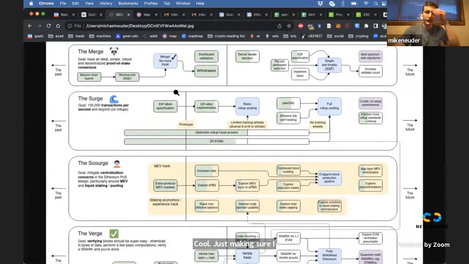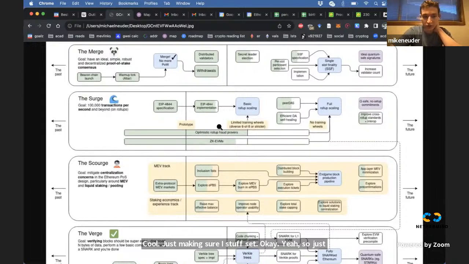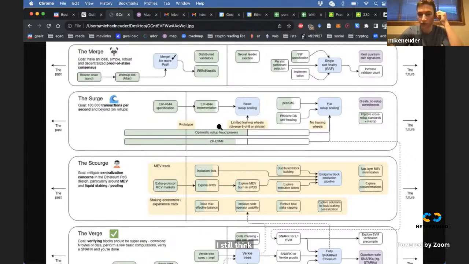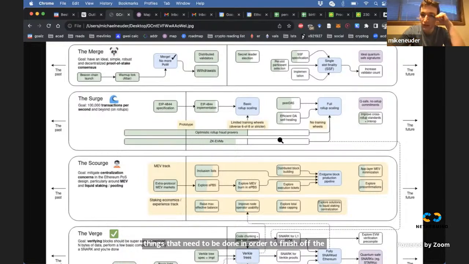Okay. Yeah, so just going down the list. I still think for the merge, there are a few really important things that need to be done in order to finish off the proof of stake mechanism. And the end-all be-all goal here is single slot finality, right? There's this concept of epochs now, and right now block confirmation has two stages before blocks are finalized.